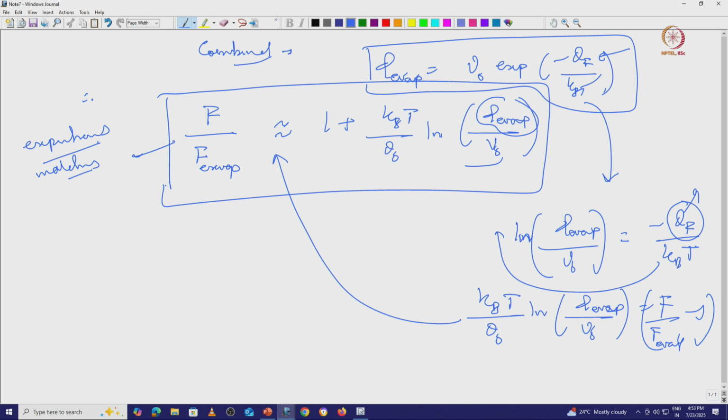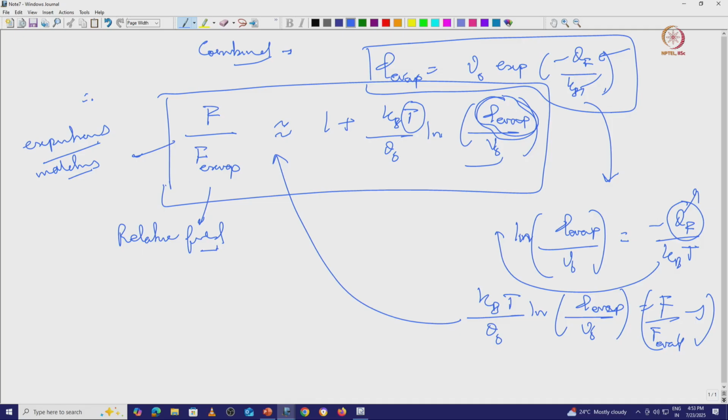So this is nothing but the relative field required to evaporate a metal at constant field evaporation rate as a function of temperature.